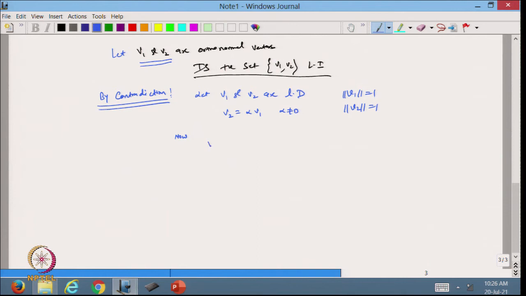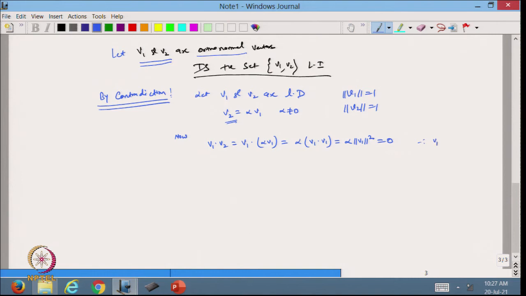Now I take the dot product V1 dot V2. I can write V1 dot alpha V1, because V2 is alpha V1, and I can take this alpha common, so it can be written as alpha times V1 dot V1. Now I can write this as alpha times the magnitude of V1 squared. But V1 and V2 are orthonormal vectors, so I know that it should be equal to 0.